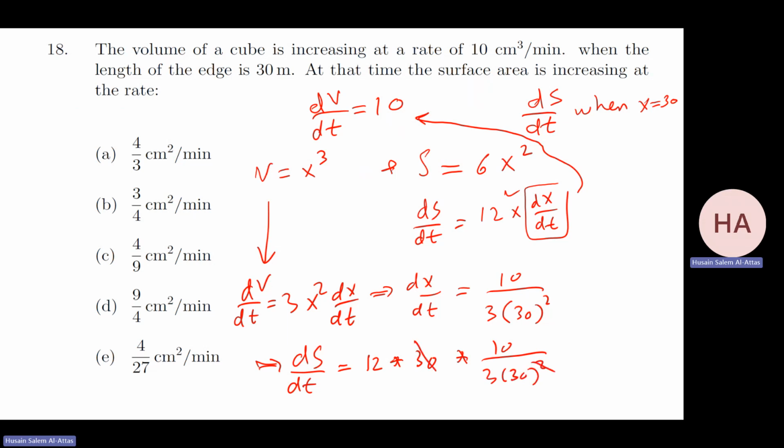The square goes with this one. Did I make a mistake somewhere? This is 6. Where is the 6? This is 12x. Yeah, where is the 12? Okay, that 12, 30, dx by dt. Yeah, that will be 12 over 9. Yeah, right. That will be 4 over 3, which is this one.